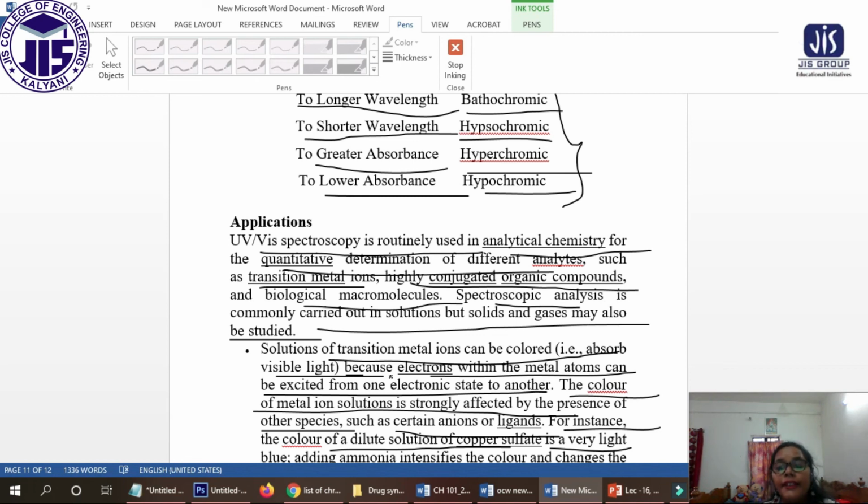If you have any doubt regarding this UV visible spectroscopic technique, next day we can discuss, or you can come to me, and I will help you understand how to solve the different types of questions from this portion.